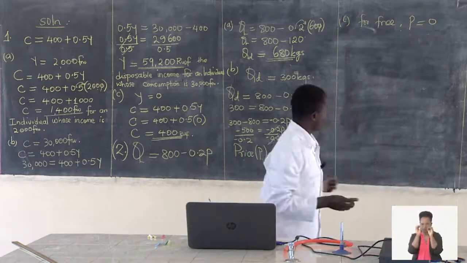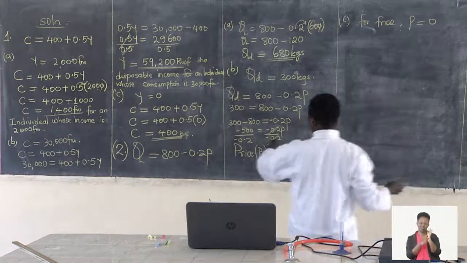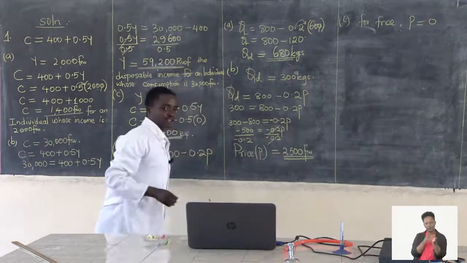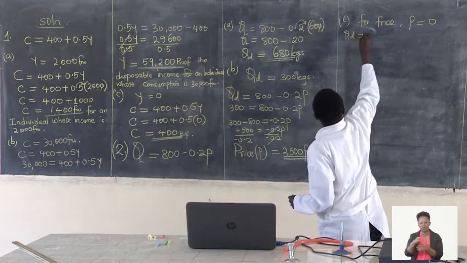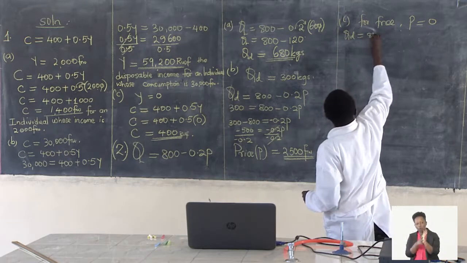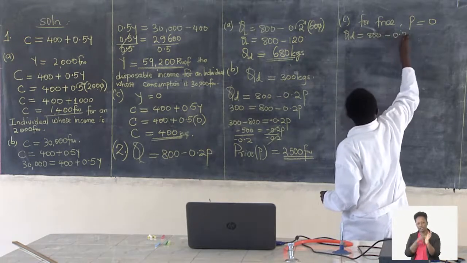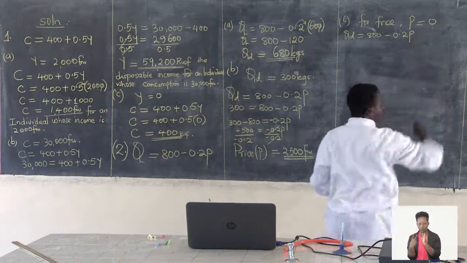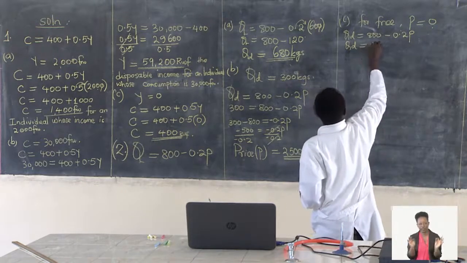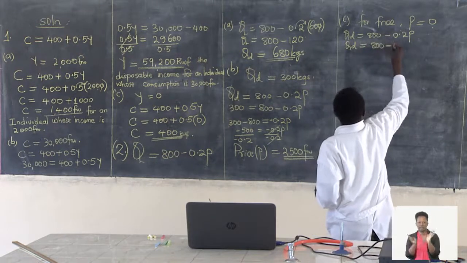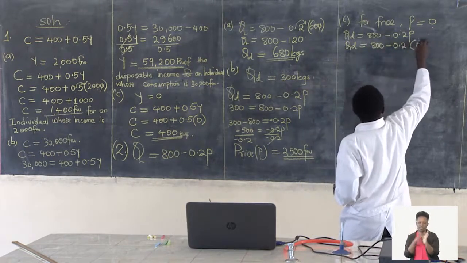Therefore, you come back to your original linear equation, where quantity demanded equals 800 minus 0.2 times price, and price is 0 because the commodity was given for free. So quantity demanded now will be 800 minus 0.2 times 0.